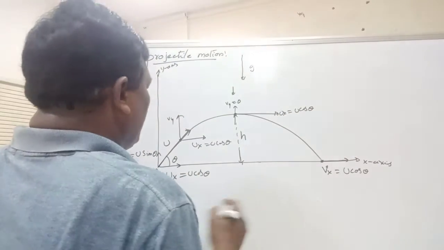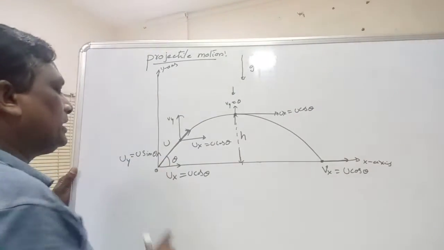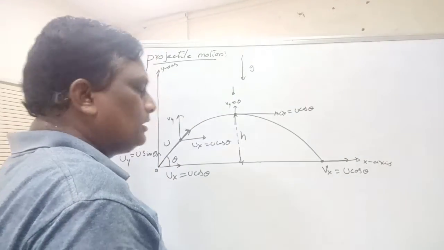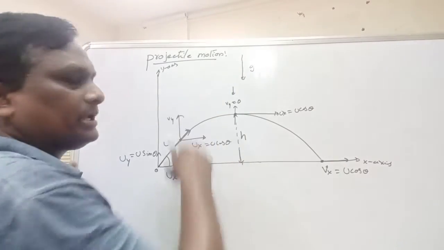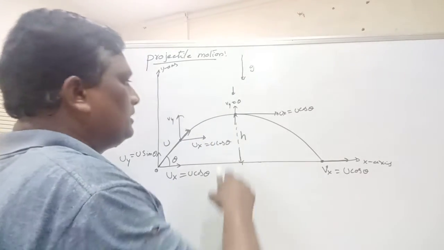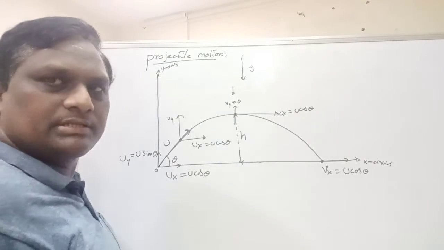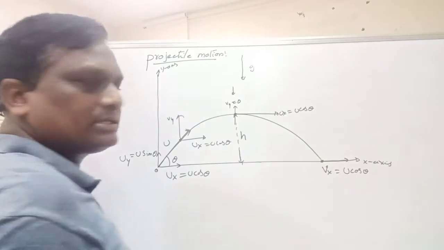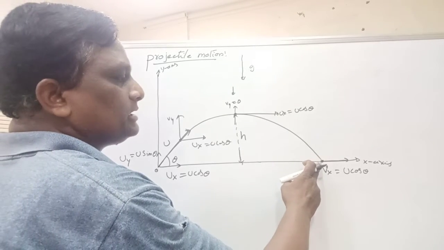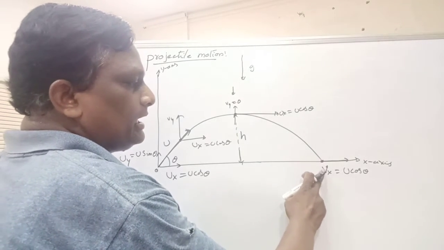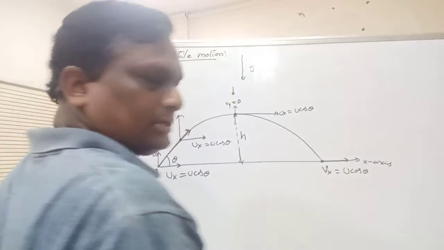I'll repeat: along horizontal it is u cos theta, and along vertical it is u sin theta. So u sin theta will change, because gravity is working in downward direction. At its maximum height the vertical velocity is 0, but it has horizontal velocity u cos theta. When it meets the x-axis again, the final horizontal velocity is u cos theta.